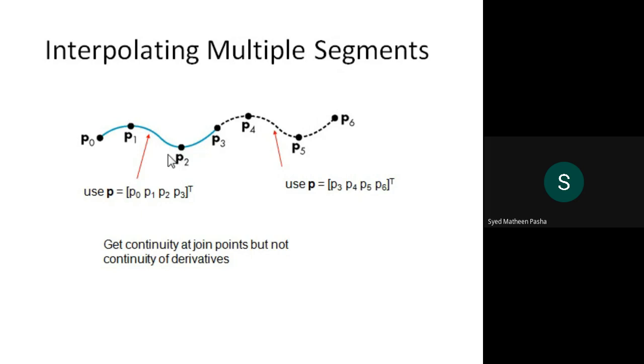That is, you will draw one curve with the help of P0 to P3 and the other curve with the help of P3 to P6. The first, with respect to interpolation, I can define as the transpose of P0 to P3, and the second as the transpose of P3 to P6.